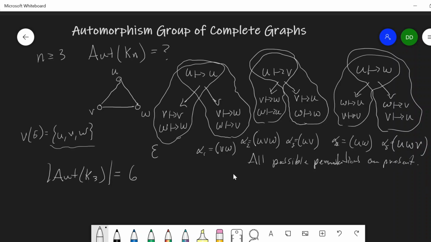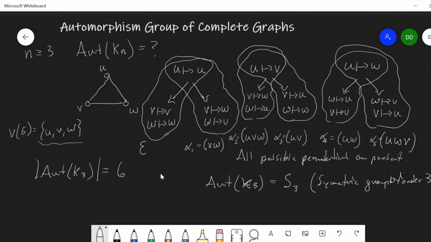And so what this group is, the automorphism group of K3, is the group of permutations of an n element set, that's Sn. So this is S3, and this is called the symmetric group of order 3.